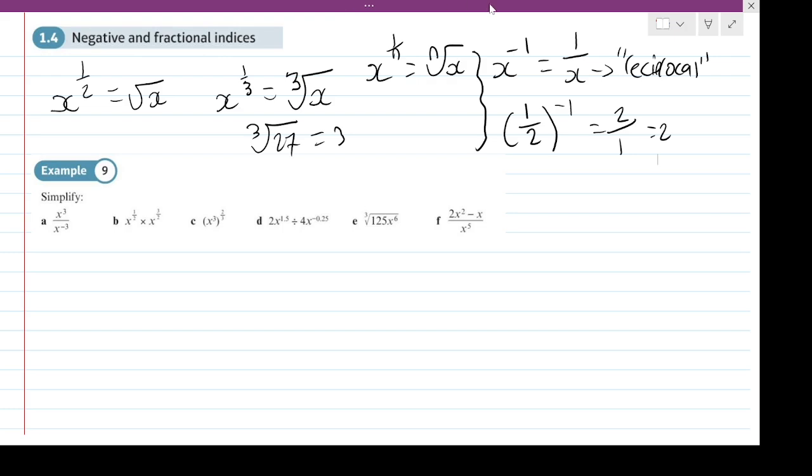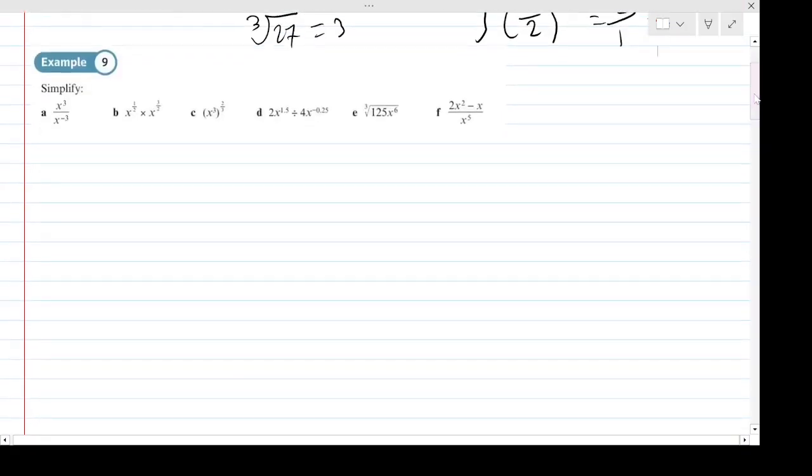So the first question, part A, we need to simplify x to the 3 over x to the minus 3. So again, this is going to combine the index laws we looked at earlier in the chapter with our new indices, the fractional and negative indices.